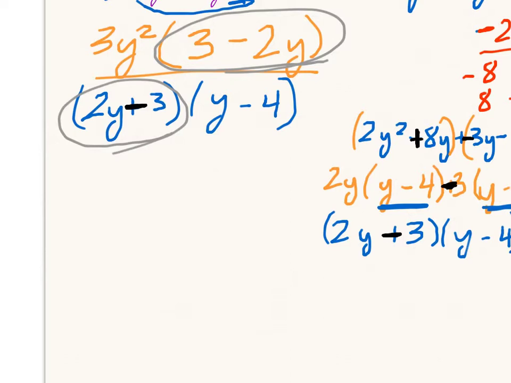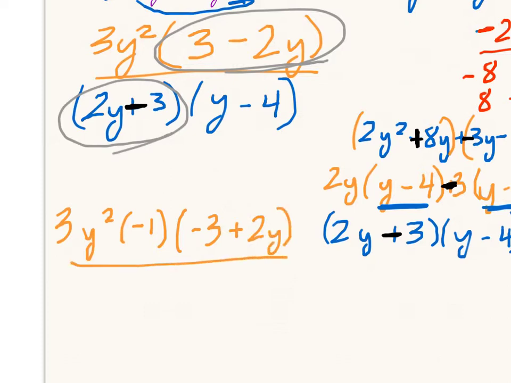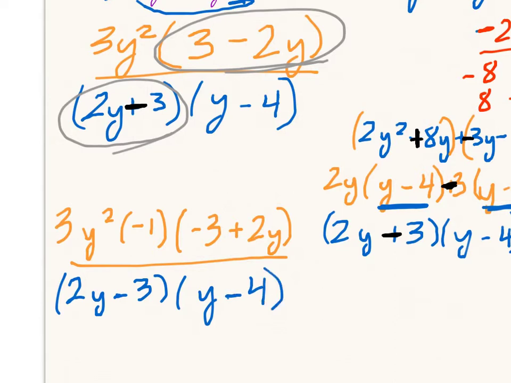So back in the numerator, I'll stick with orange, that's my numerator color. I have 3y squared, remember. Now I have a negative 1. If I divide 3 by negative 1, then I'm going to have negative 3. If I divide negative 2 by negative 1, then I'm going to have plus 2y, over what we had in blue still. 2y minus 3. Y minus 4. Are you still wondering why they're not the same?